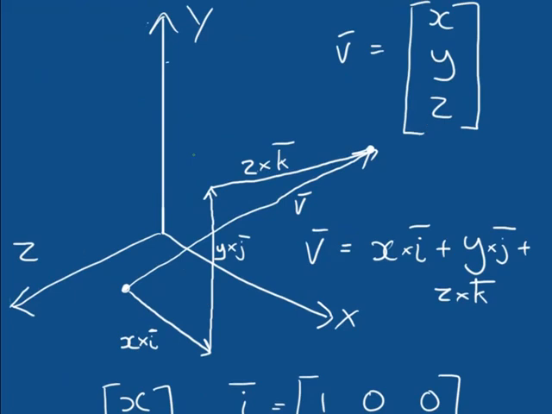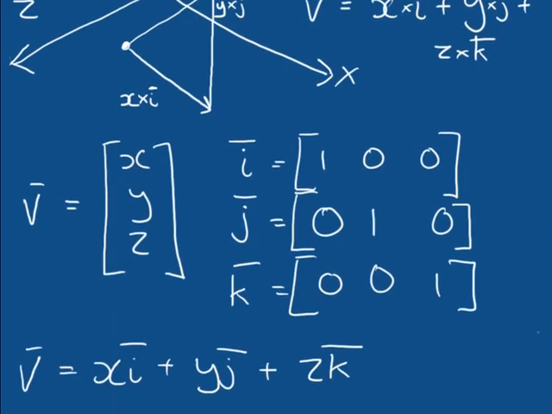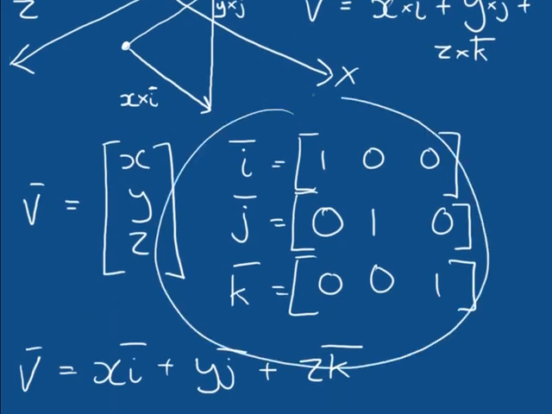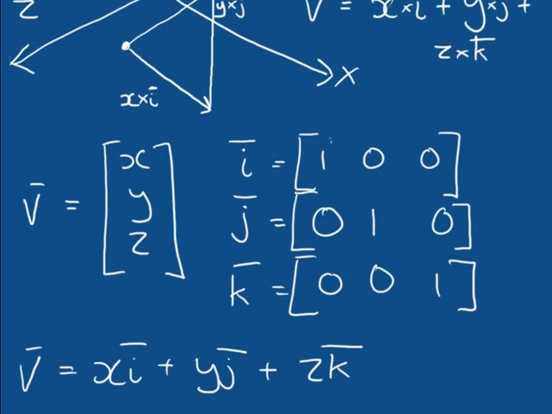Hopefully everything in this video has made sense, and even if the power of it isn't clear yet, the theory and the concepts are. Hopefully it's clear why we have these three vectors, the fact that they're unit vectors, that they're in the direction of the x, y, and z axes, and how we can use them to represent any vector. That's the most important part of this video.